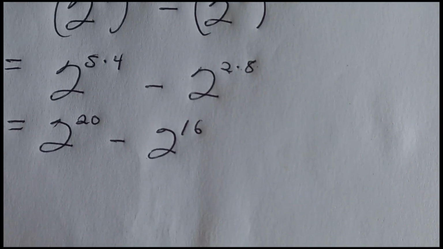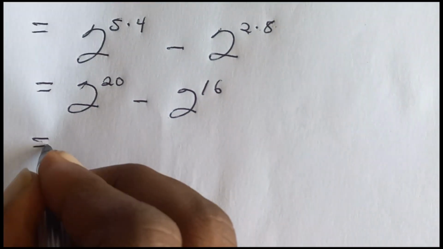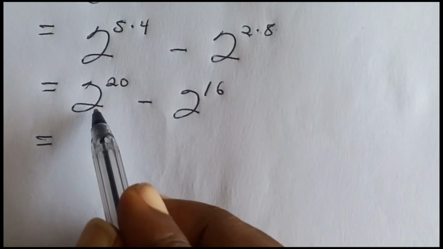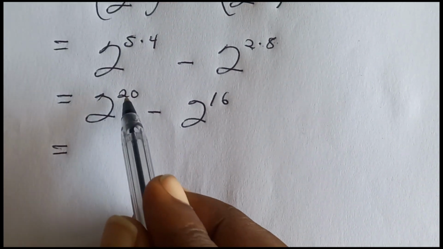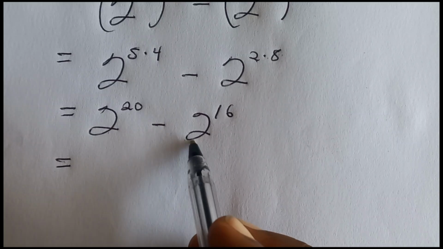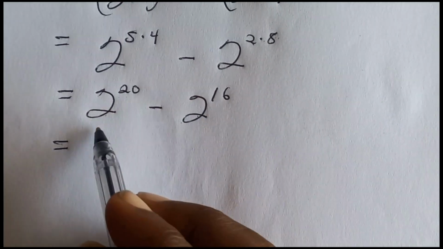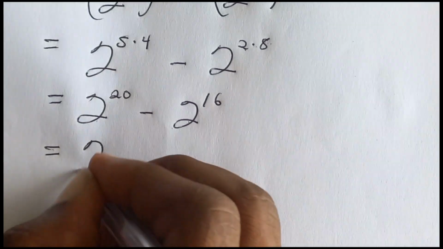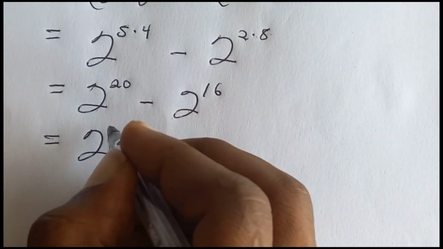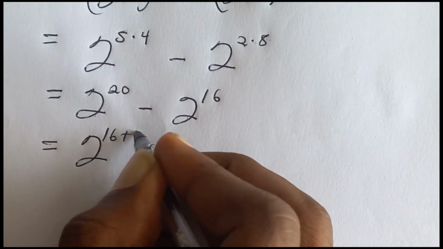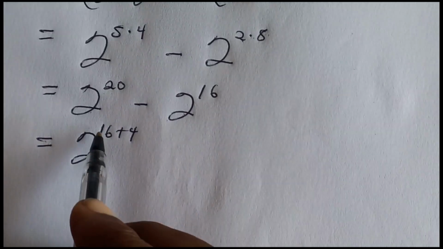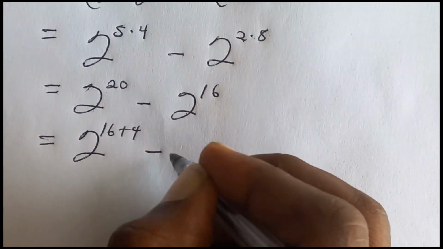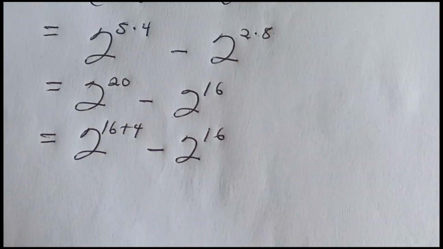Now, which is equal to 2 exponent 20. We need to express it to look like 2 exponent 16 so that it will be easy for us to continue. So with this, we can say 2 exponent 20 is 2 exponent 16 plus 4, because 16 plus 4 is 20, minus 2 exponent 16.